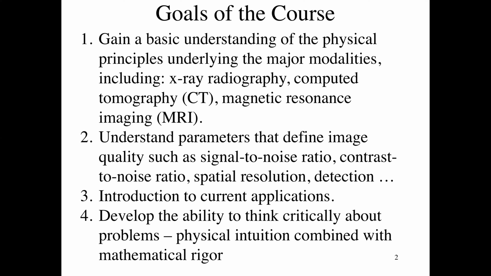Also, we want you to get some physical intuition about the underlying physics of how the signal is created in the first place. What is the signal? It's different than photography, where it's just reflected light. In one case, a shadow is cast, an X-ray shadow. So you have like an X-ray flashlight, you cast a shadow. That's the signal.